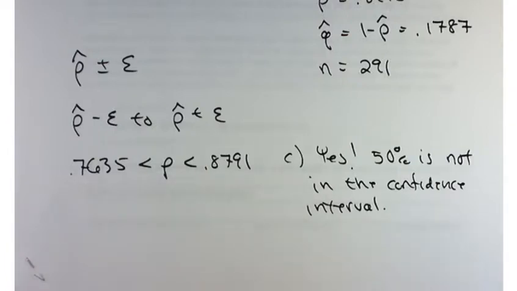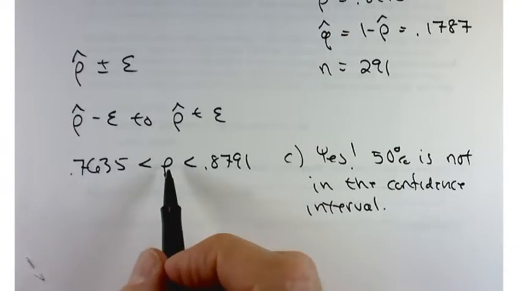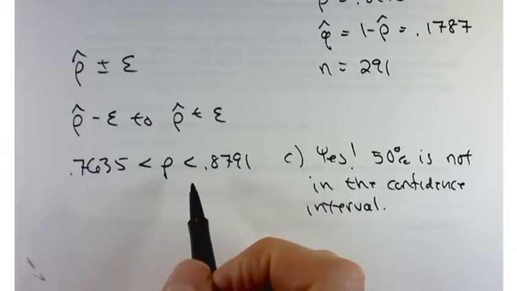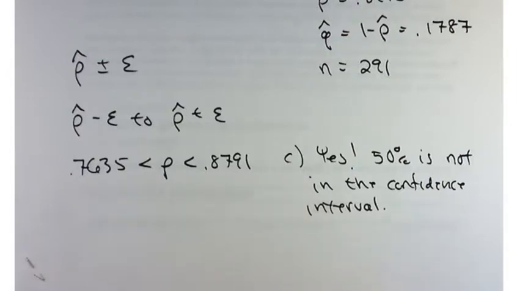If you insisted on talking about this with probabilities, the correct verbiage would be, well, the probability that p is in there is either 1 or 0. We just don't know which one. It's either in there or it's not. There's no real probability associated with it. We just don't happen to know what's in here.